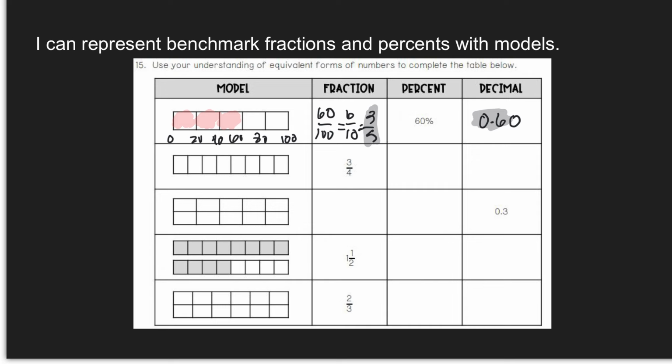All right, 3/4 is simplified, and I know that 3/4 is the same as 75 hundredths. So that would be 75% and 75 hundredths. And then I need to color in 3/4. So let's see.